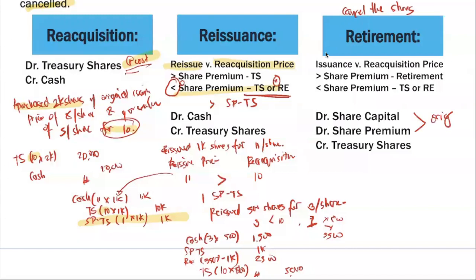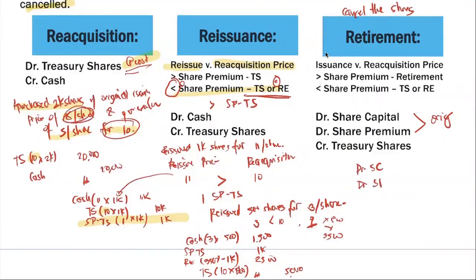Take note, the 2,000 shares which were originally issued were at 8 per share, par is 5 per share, for 10 pesos. So the original issuance is 8 per share. We need to remove that, so debit share capital, debit share premium.